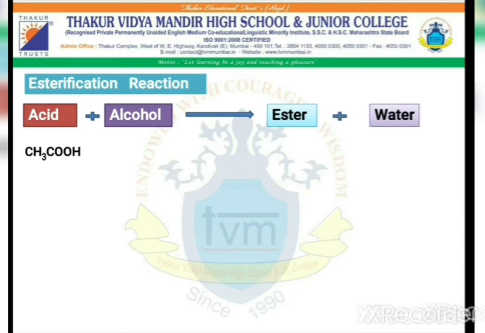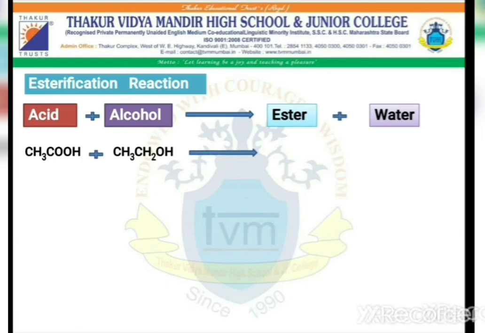This formation of ester is called an esterification reaction. So acid on reaction with alcohol results in the formation of ester, and that formation of ester is called esterification. We are taking the same acid which we have seen just now, that is acetic acid, and the same alcohol, that is ethyl alcohol.